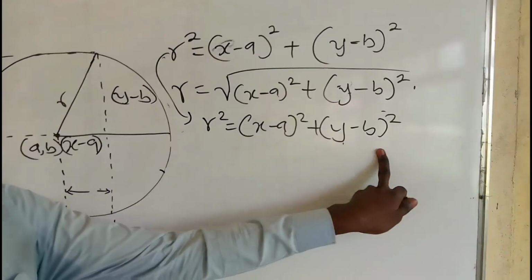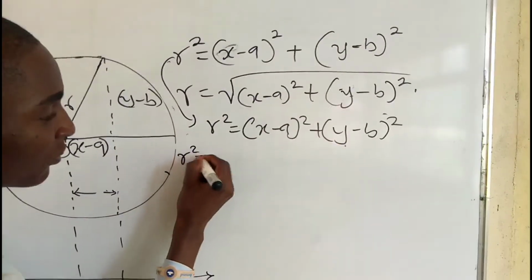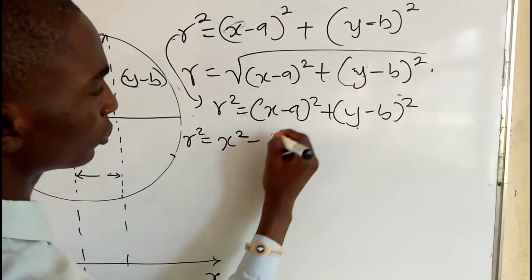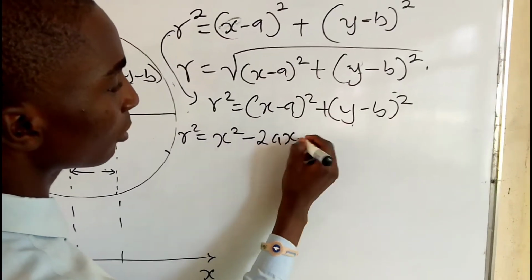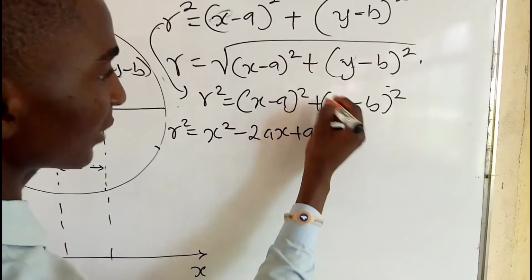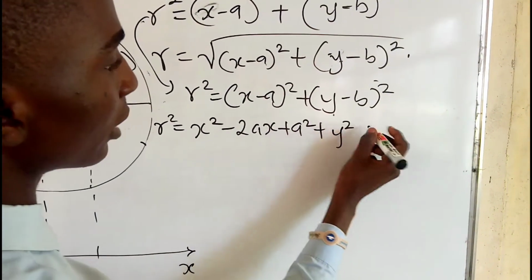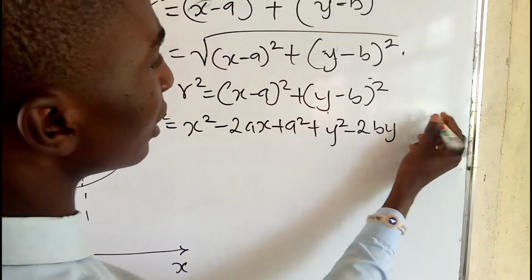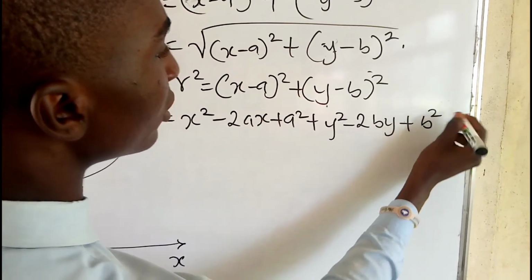Now let's expand this. I'm having r squared is equal to x squared minus 2ax plus a squared, and this will be plus y squared minus 2by plus b squared.